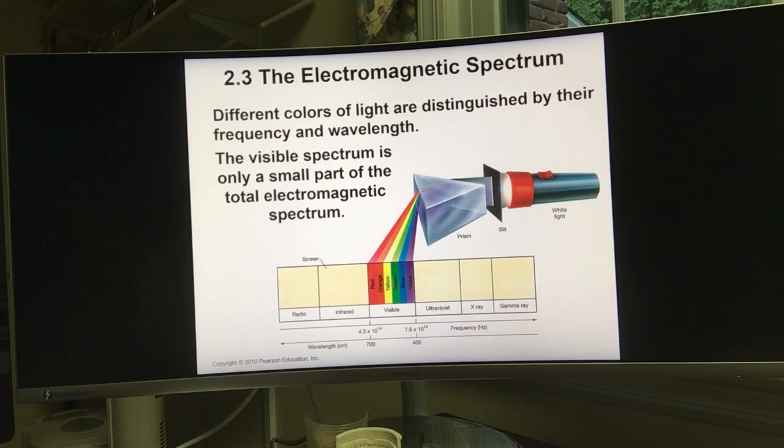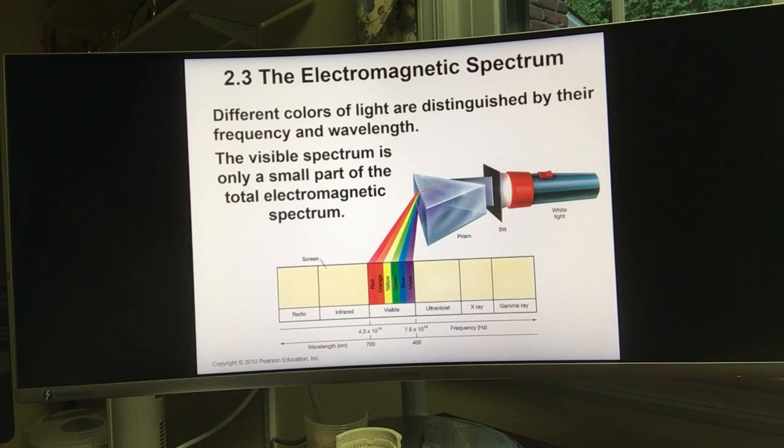When we talk about red light, you think about longer wavelength in the visible spectrum. When we talk about blue light, we think about higher frequency, because frequency and wavelength always go in opposite ways. So when some light has longer wavelength, that means it has lower frequency, and vice versa.